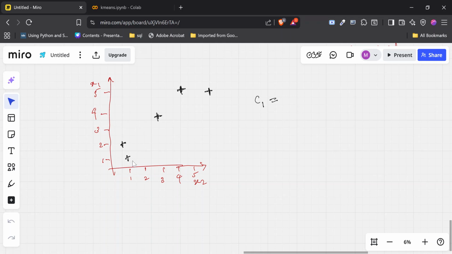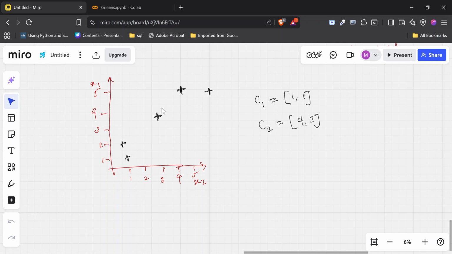So for ease of computation, let's choose this same 1 comma 1. So I'm going to say C11 is equal to 1 comma 1, and then C2, or you could call it C12, and let's choose maybe this place here. So that's going to be 4 comma 3.